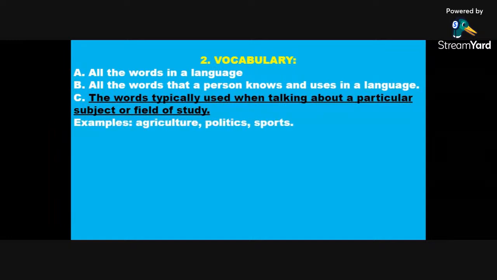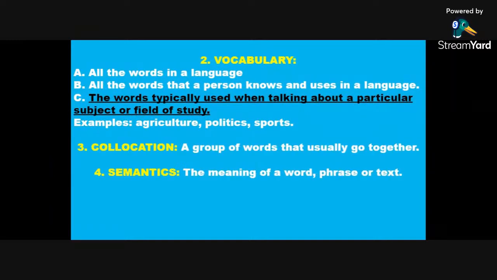Okay, so agriculture, politics, sports, the words you are learning about sports, okay? So that's the way it is.